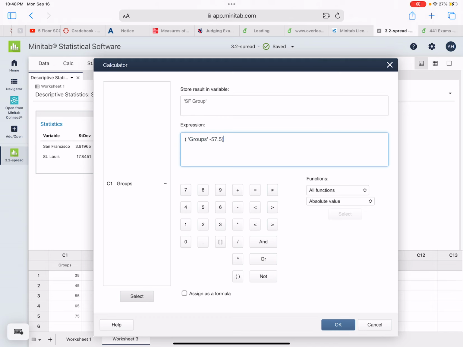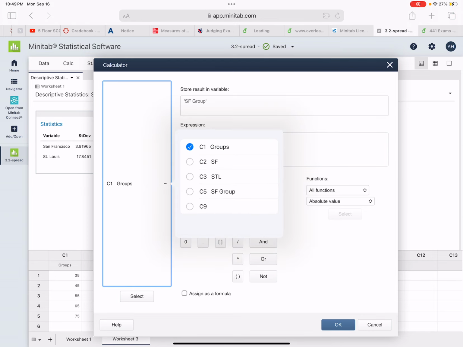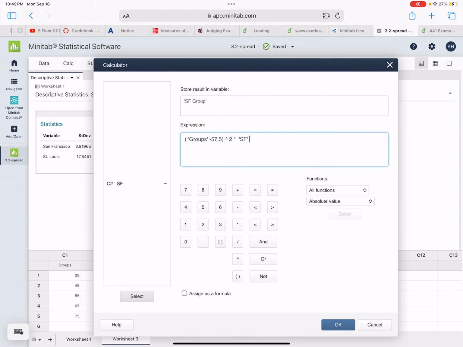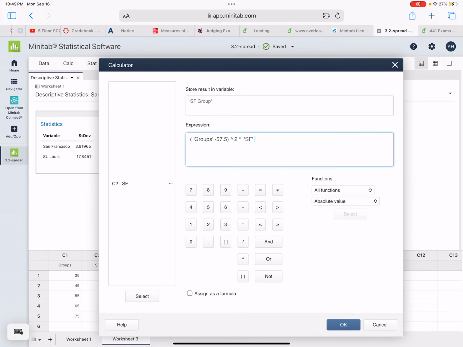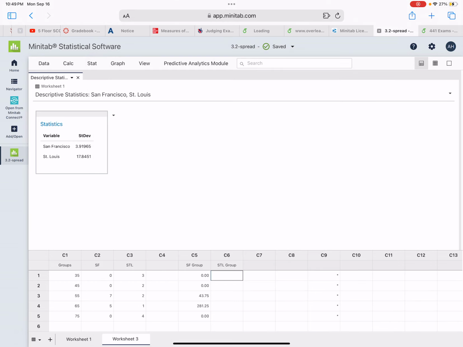And then we're going to square that and multiply by the frequency, which is San Francisco. You see that that's the 00750 right there? That's what we've got, and that's what we're getting right there, okay?